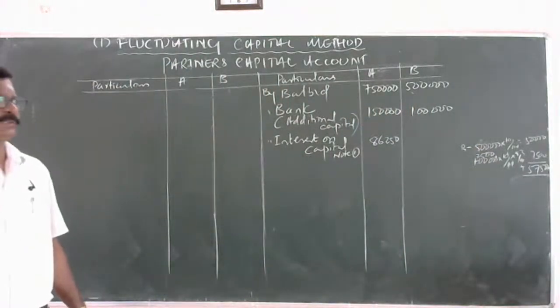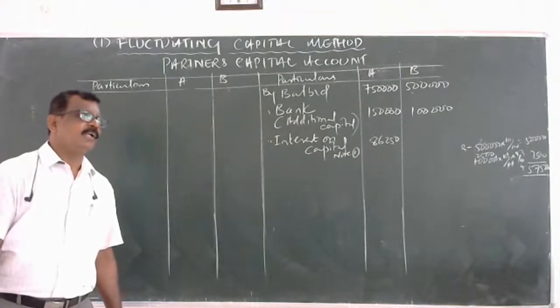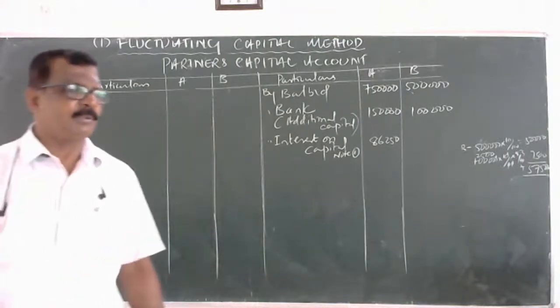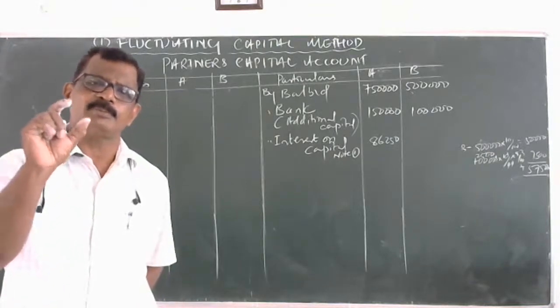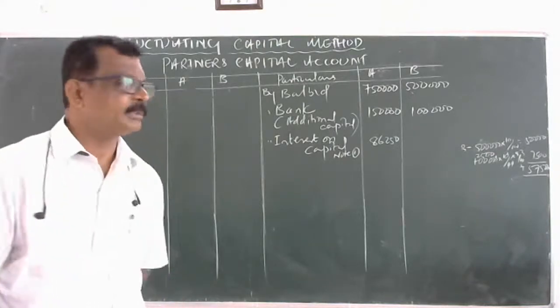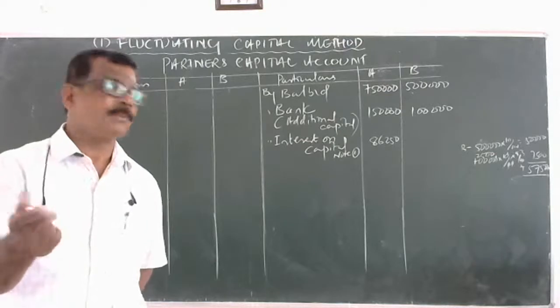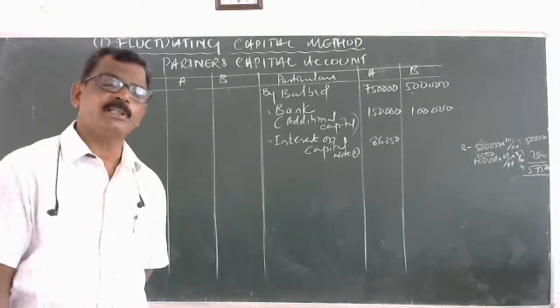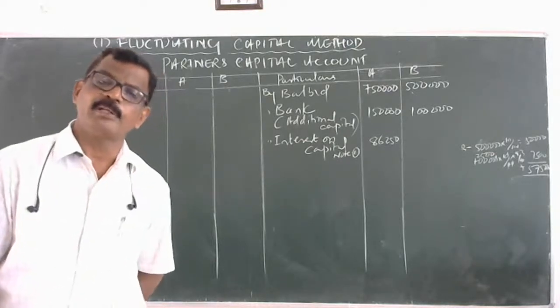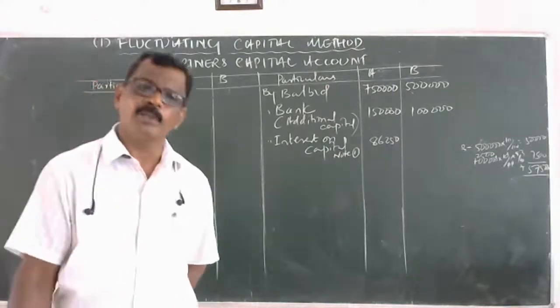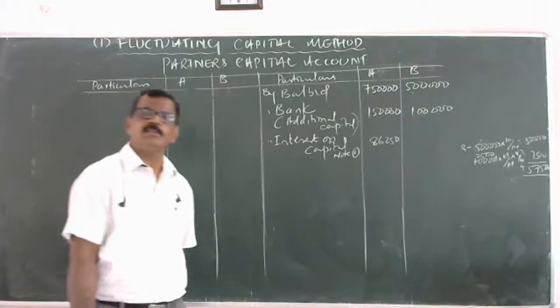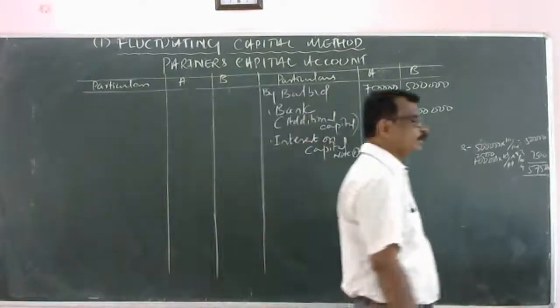B's capital at the beginning of the year is 5 lakhs. On opening capital, calculate 10% for full year. It is 5 lakh, 10% is 50,000. Additional capital, 1 lakh rupees, from 1/7/2018 to 31st March 2018, at the rate of 10% for 9 months, comes to 7,500.